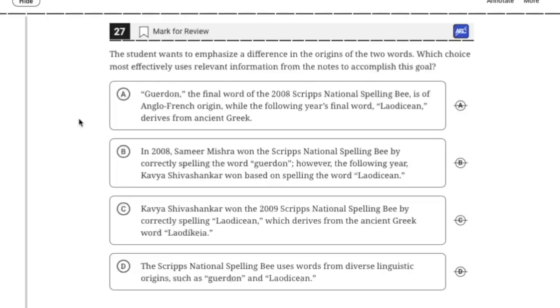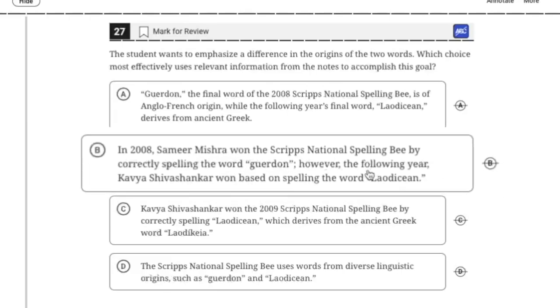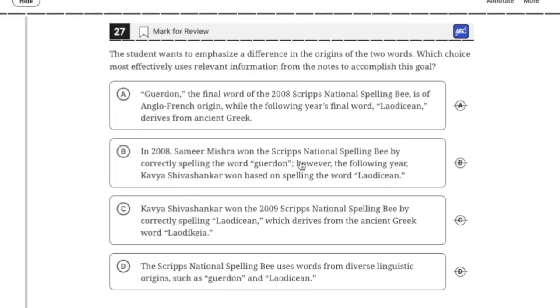That sounds like a pretty good answer, but let's go and eliminate the others just to be safe. B: In 2008, Samir Mishra won the Scripps National Spelling Bee by correctly spelling the word Guerdon. However, the following year, Kavya... Okay, so this is trying to trick us because this one is mentioning the two words and it's giving different scenarios of something that happened.